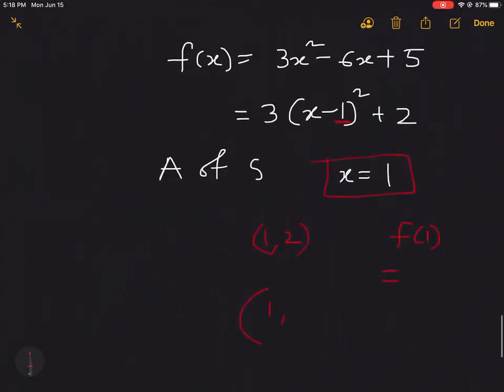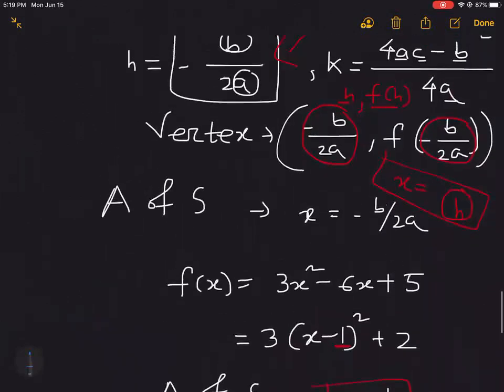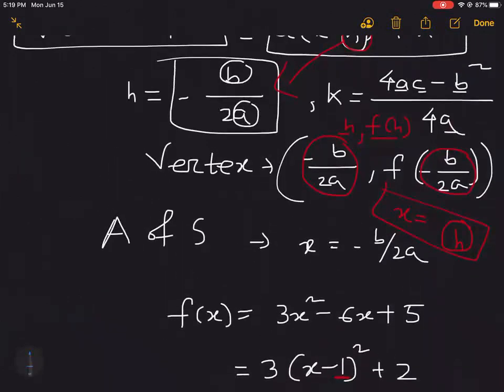If we plug in values, 3 times 1 minus 1, the quantity squared, plus 2, this will be 0. The functional value at 1 will be 2. Exactly, this is exactly the same thing. So if you have the vertex format, you can actually calculate the vertex and the axis of symmetry.